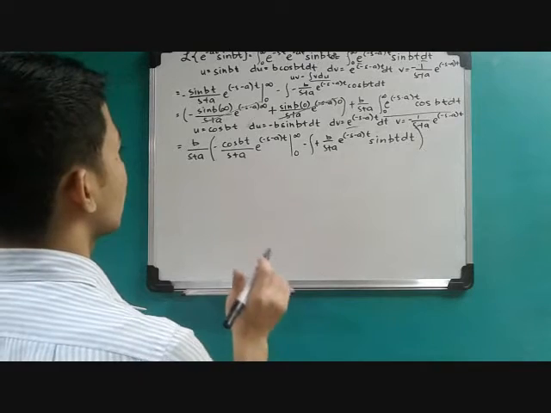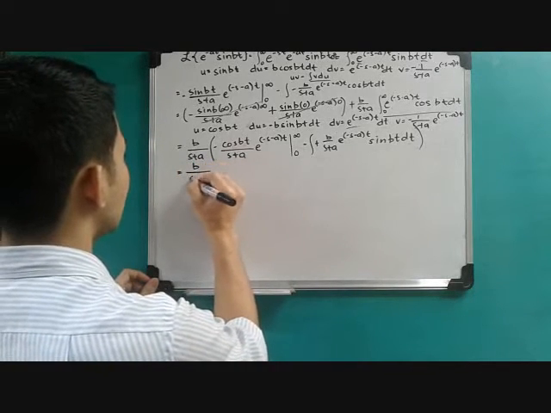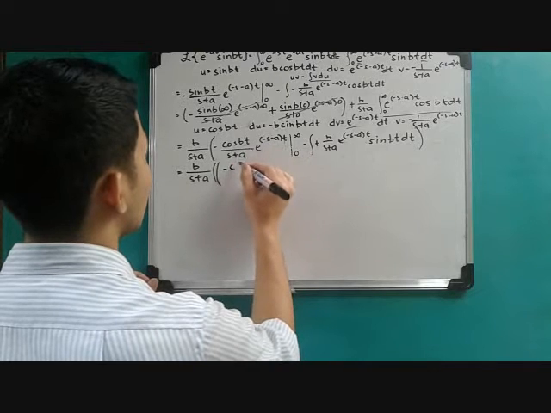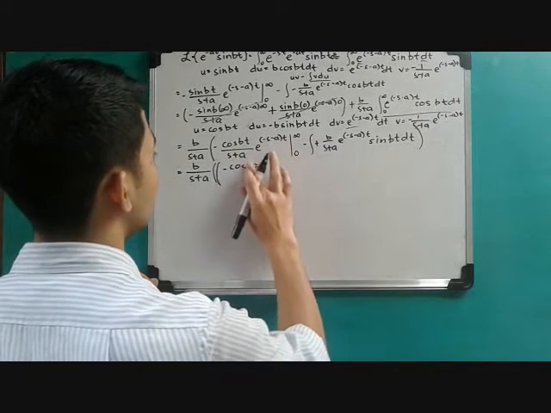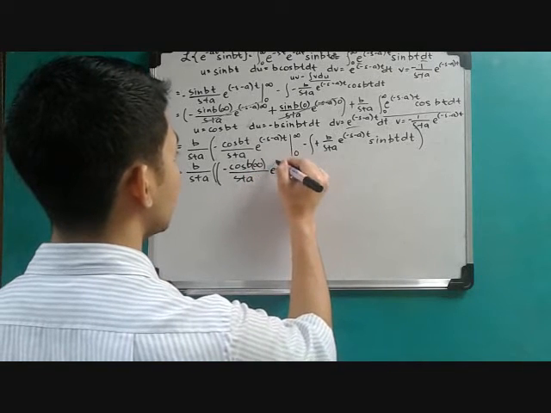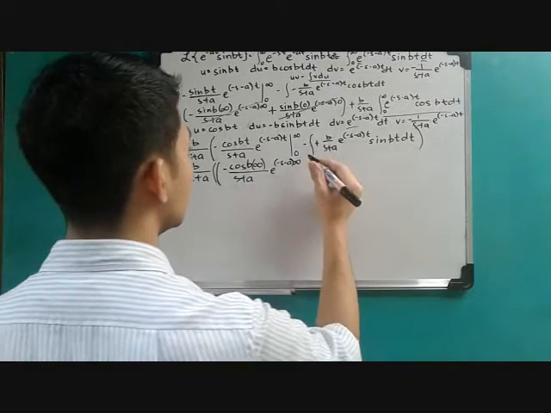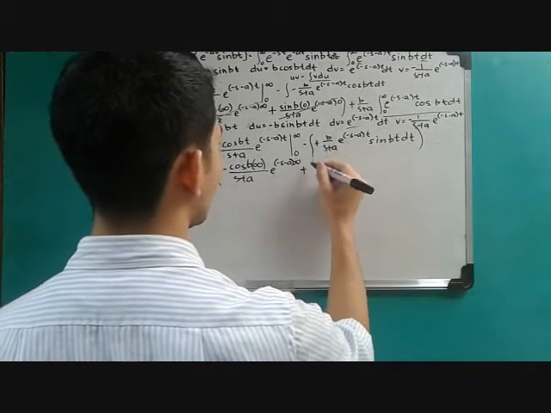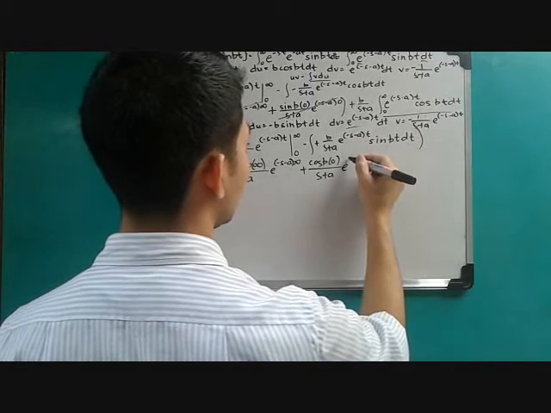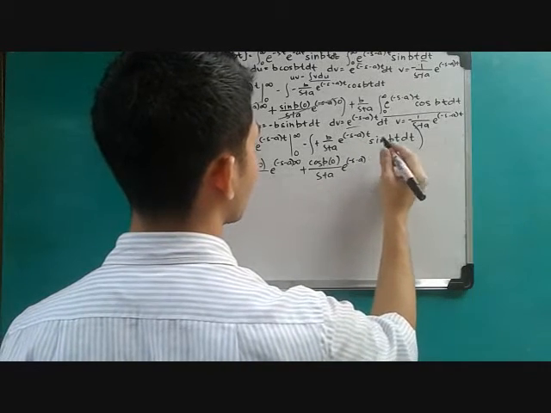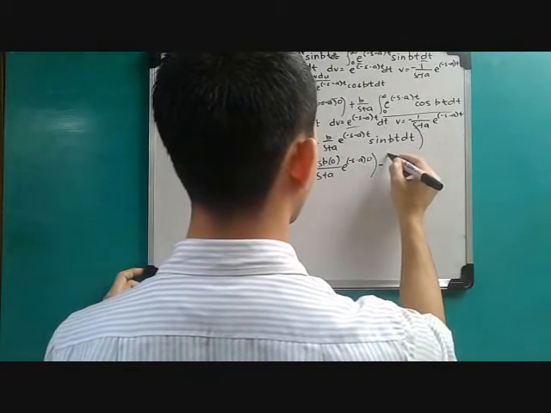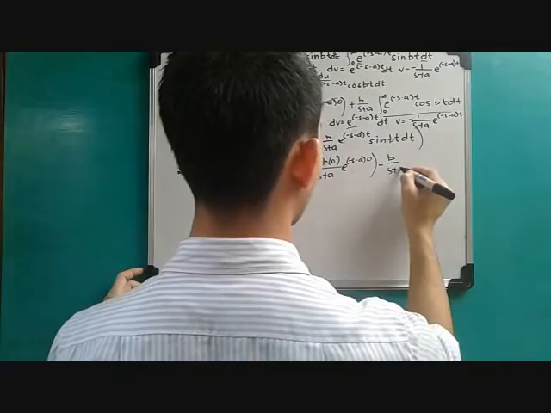Substituting the limit, this will become, bring down this, negative cosine b times infinity over s plus a times e raised to the quantity negative s minus a times infinity, minus, so this will become plus, cosine b times 0 over s plus a times e raised to the quantity negative s minus a times 0, minus b over s plus a.